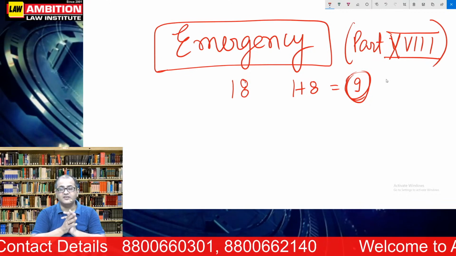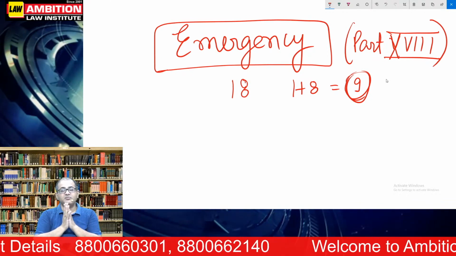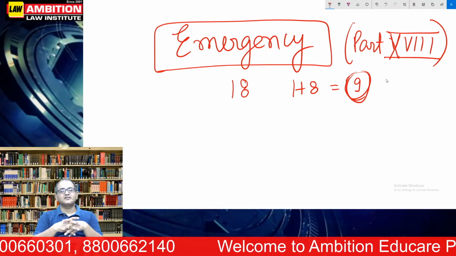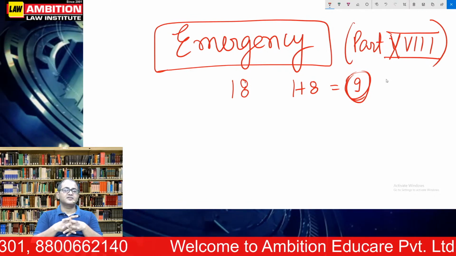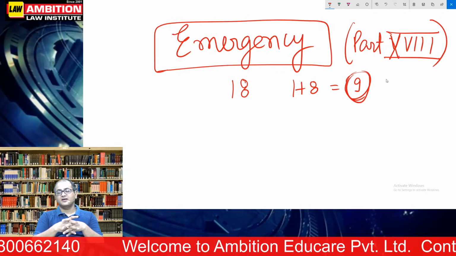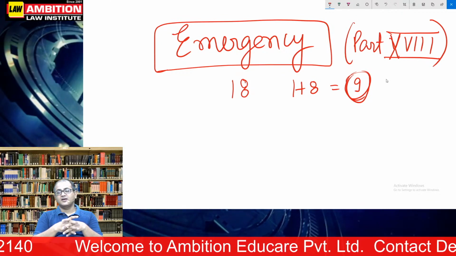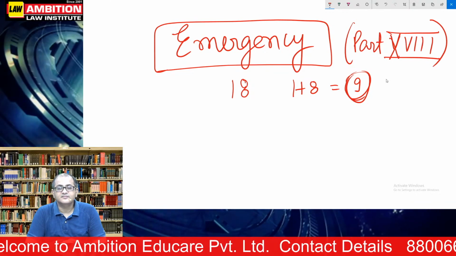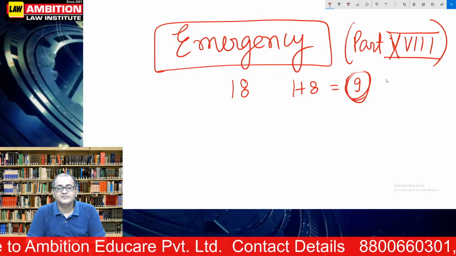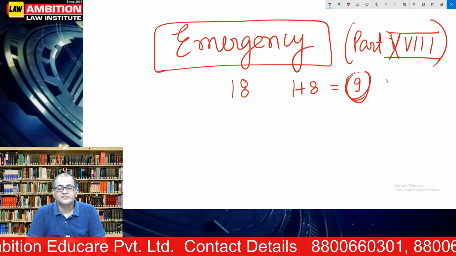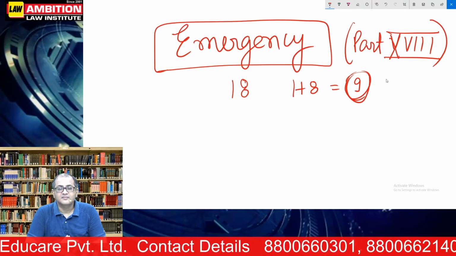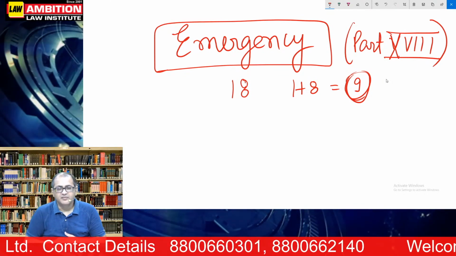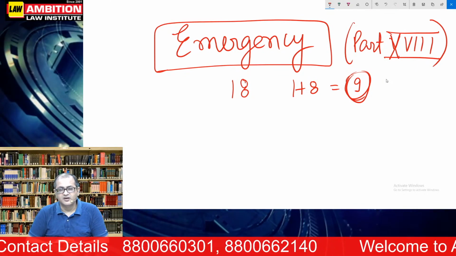Now, this emergency, which has been misused earlier, obviously Indira Gandhi is criticized for that. How to prevent the misuse of power? You can frame the questions in the alternative. Emergency is an enormous reservoir of power.